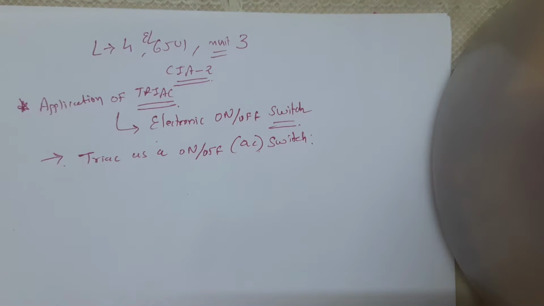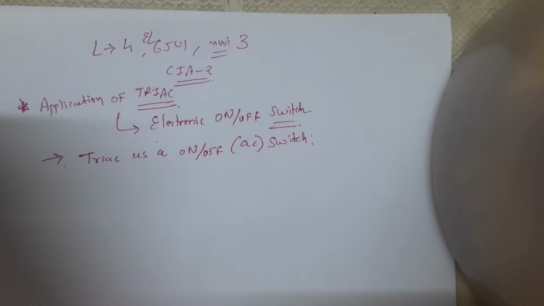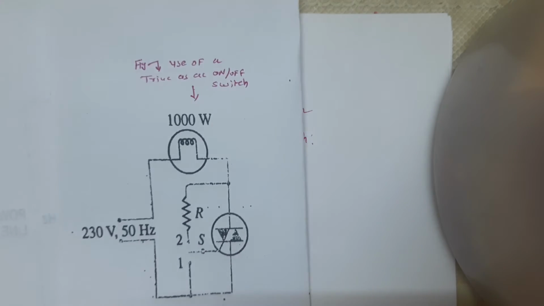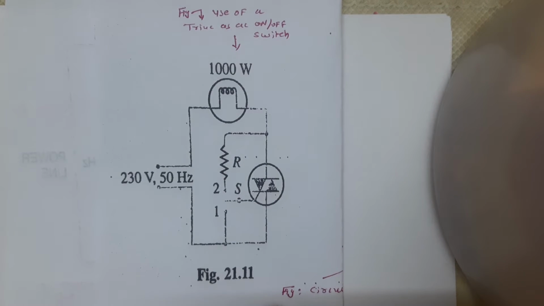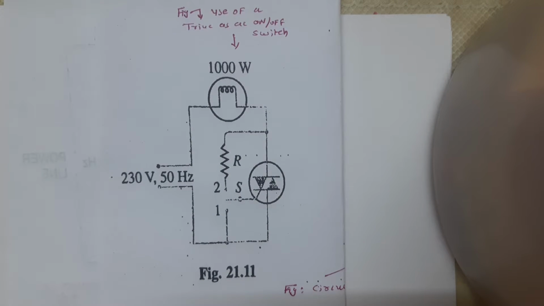This is the diagram for the triac as an AC on off switch. It also shows a high power lamp switch; the triac is working as a high power lamp switch.